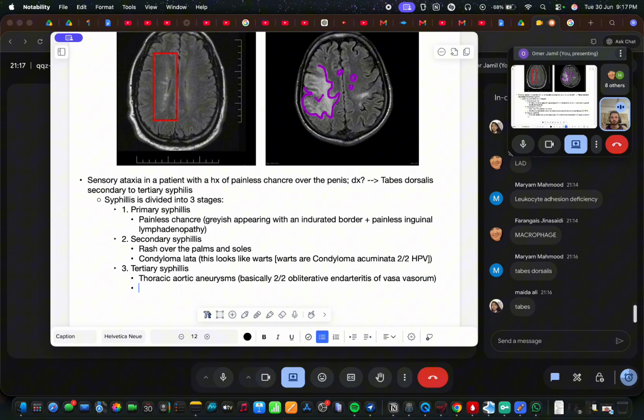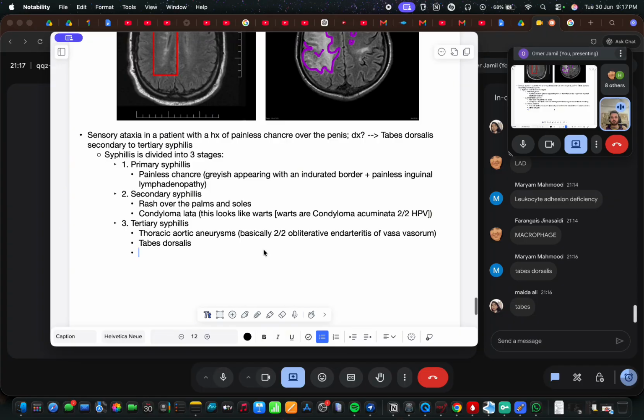The second one is tabes dorsalis, like you said. The third one is the Argyll Robertson pupil. What is the buzzword for this?